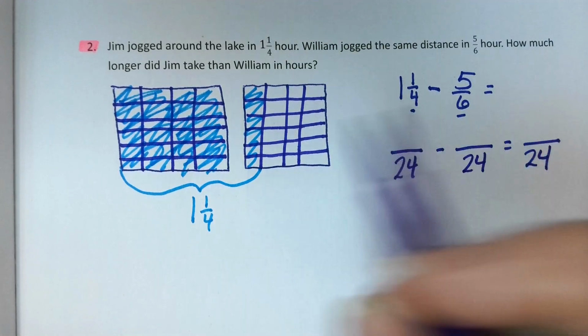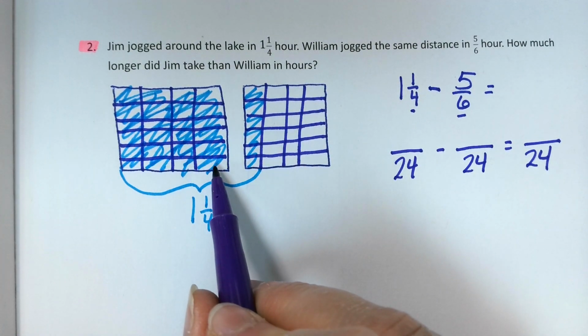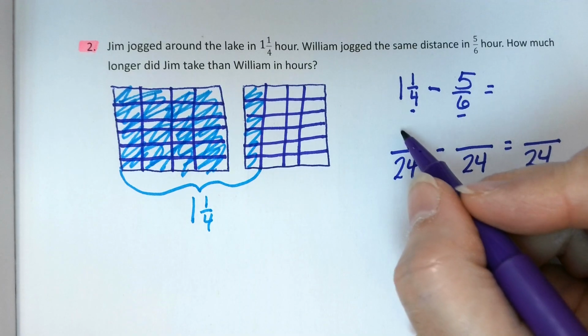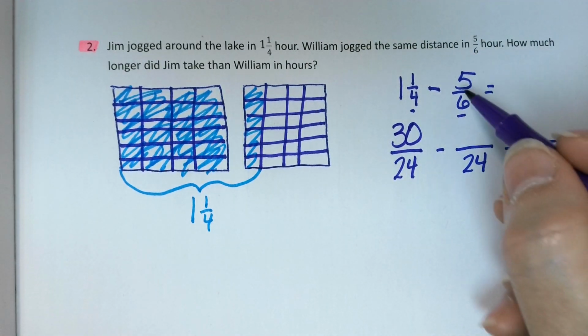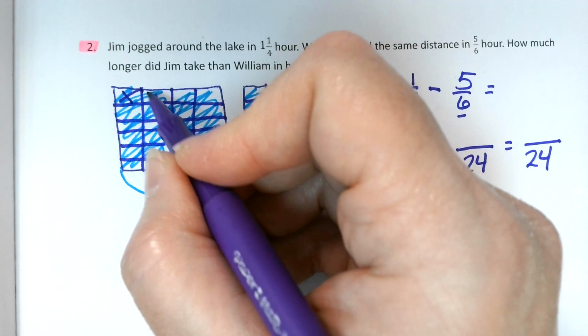How many do I have shaded for the 1 and the 1/4? I have 24, 25, 26, 27, 28, 29, 30 twenty-fourths. Now I am crossing out 5/6.